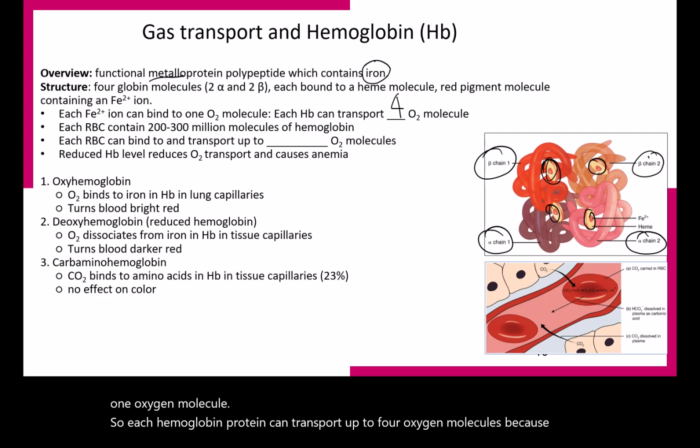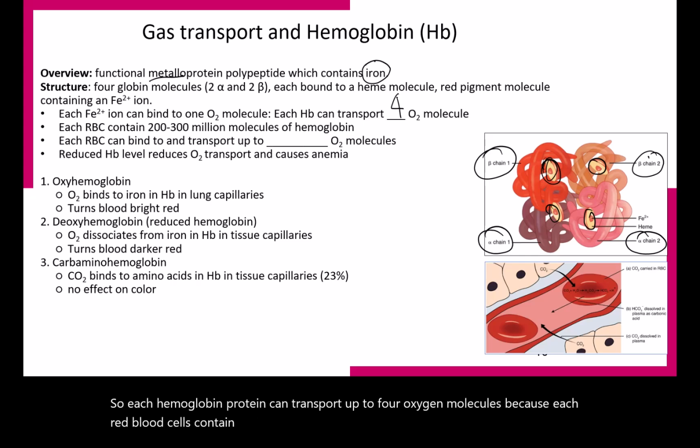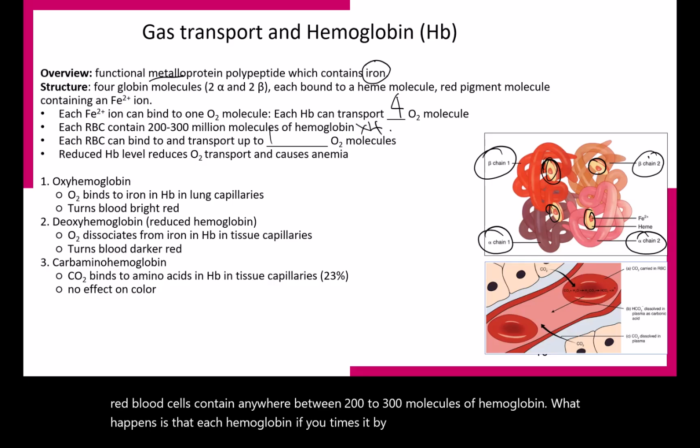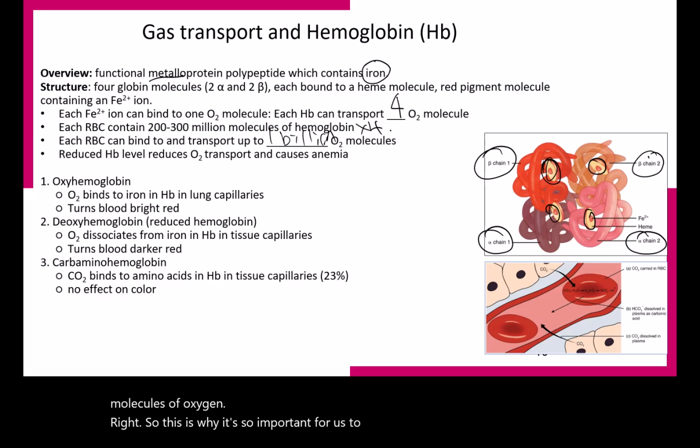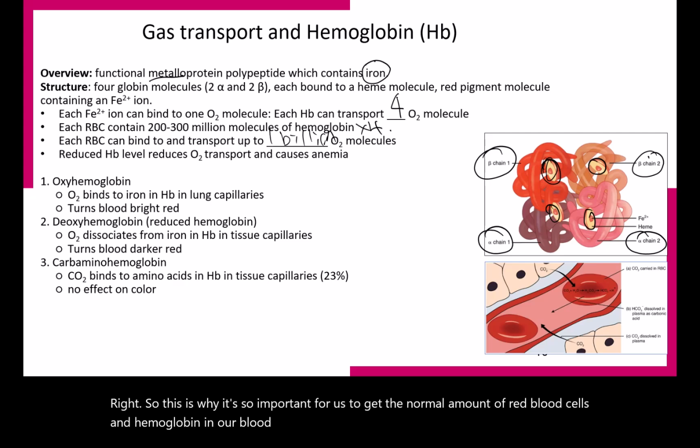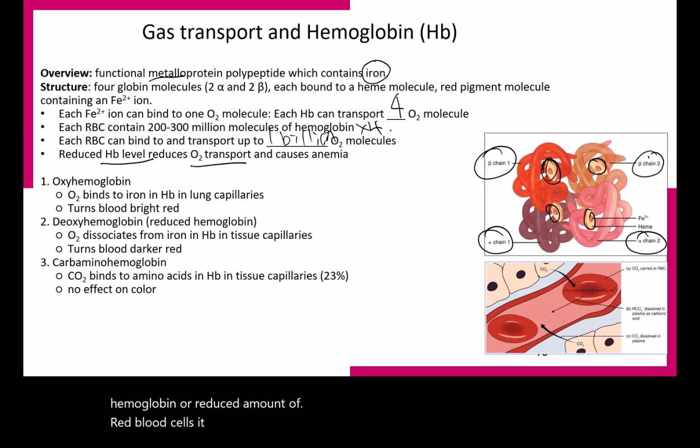Because each red blood cell contains anywhere between 200 to 300 molecules of hemoglobin, if you times it by 4, it can transport up to 1 billion molecules of oxygen, right? So this is why it's so important for us to get the normal amount of red blood cells and hemoglobin in our blood vessels, because if we have a reduced amount of hemoglobin or reduced amount of red blood cells, it can reduce oxygen transport and cause anemia.